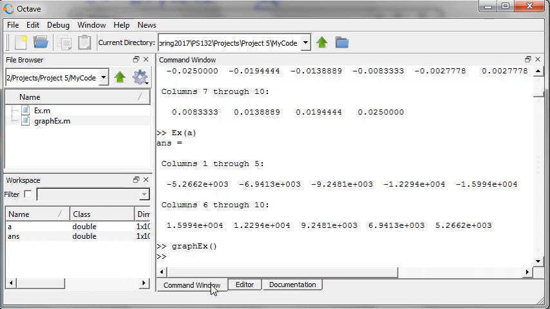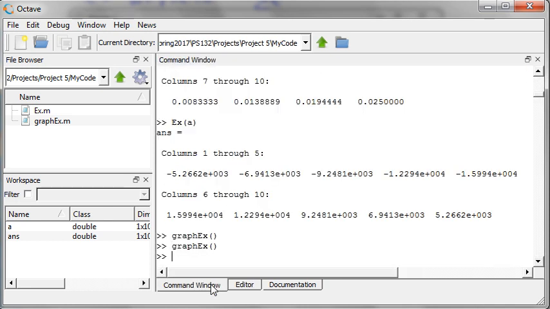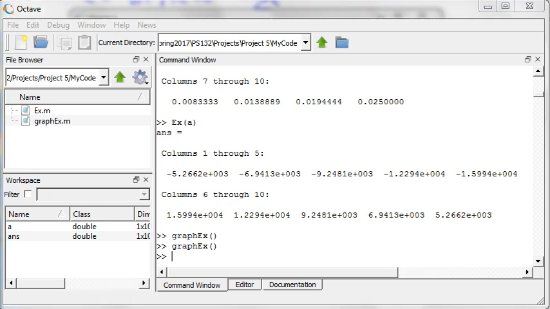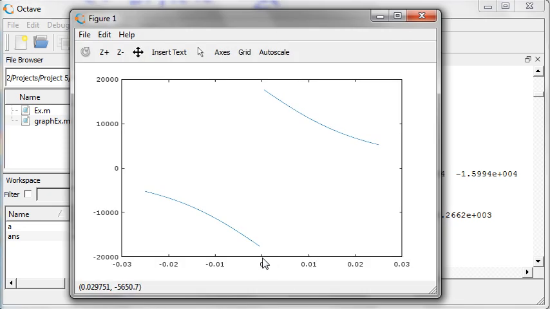Save it, run it, take a look at the plot. Oh wow. It jumps from there to there. I'm not sure which I like better, having that connected together by a vertical line or not. I think this is at least as good.